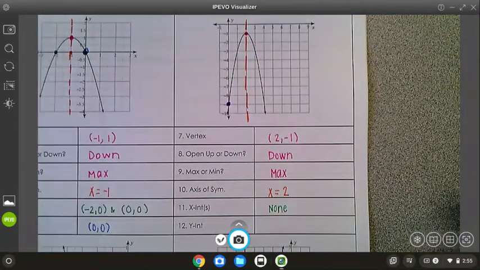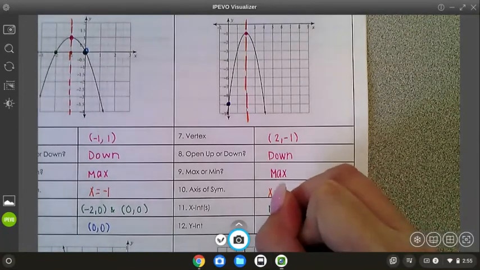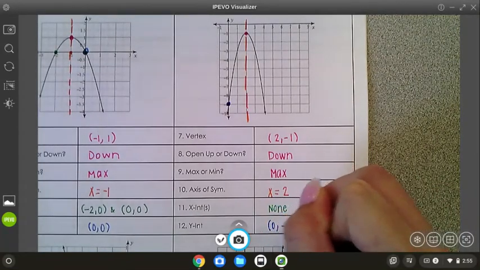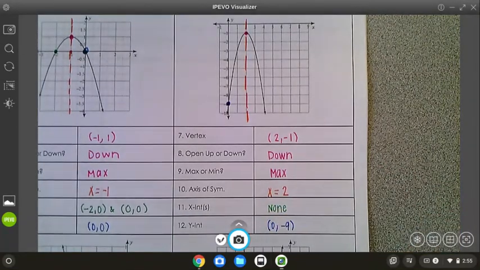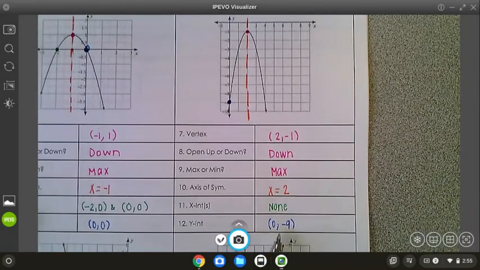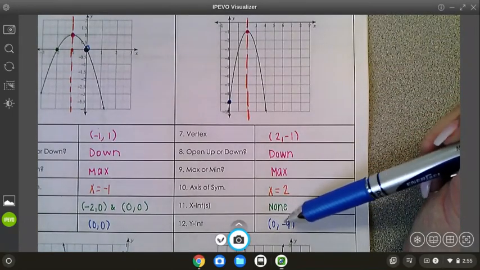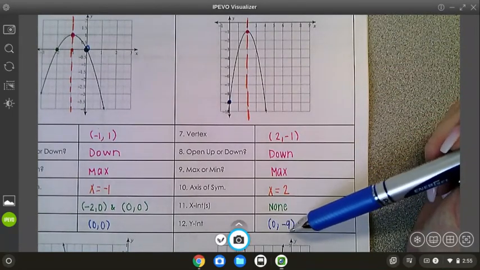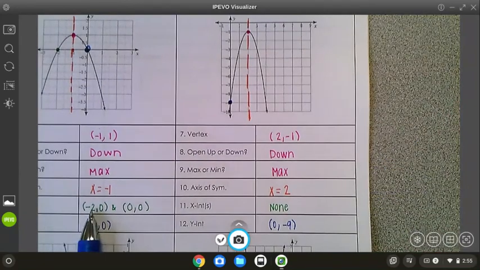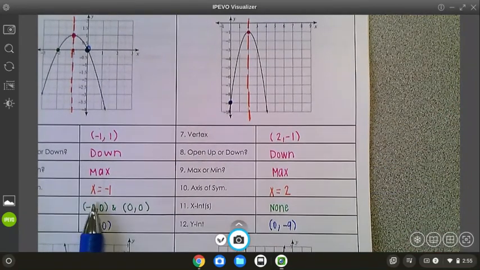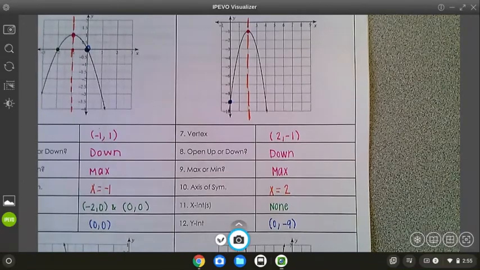It's kind of hard to tell. But that is the point 0, -9. Be careful. Don't put -9, 0. Okay. When it's a y-intercept, the number that it's on is in the y spot. When it's an x-intercept, that number that it falls on is in the x spot.